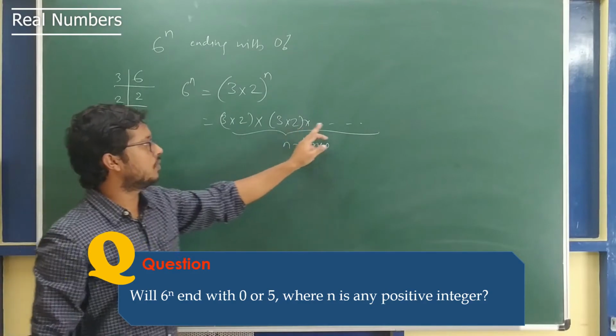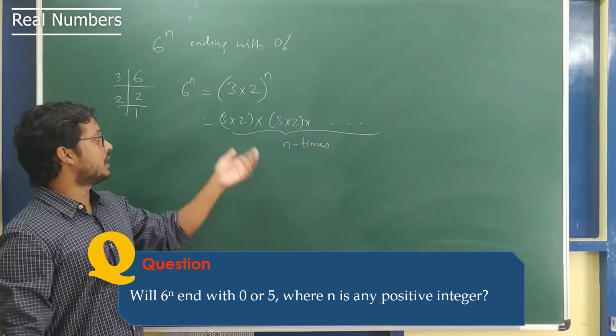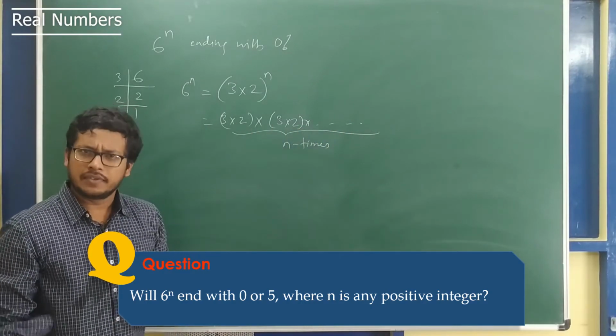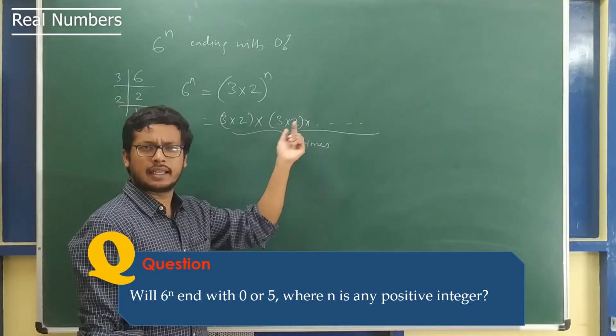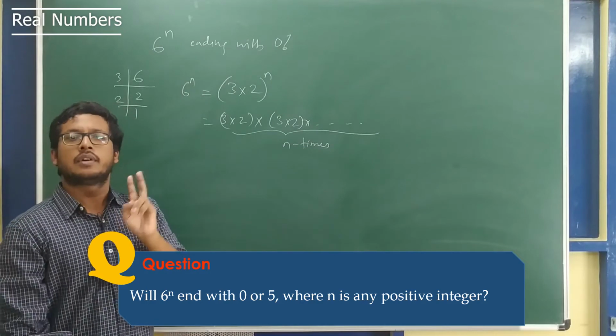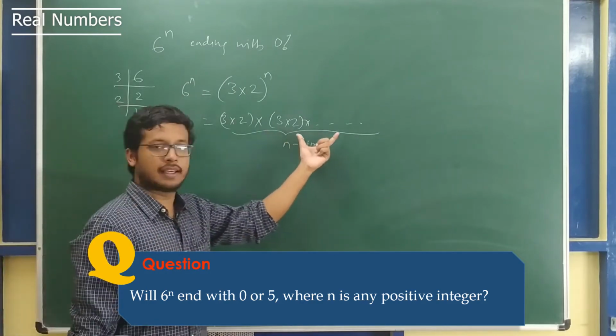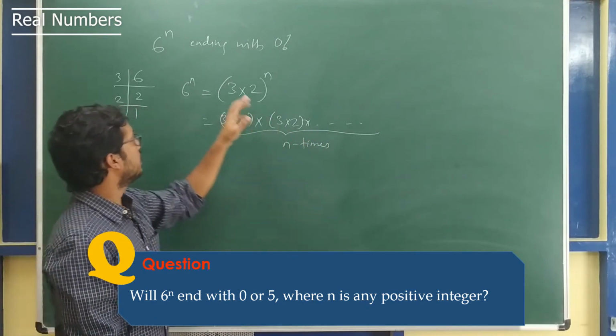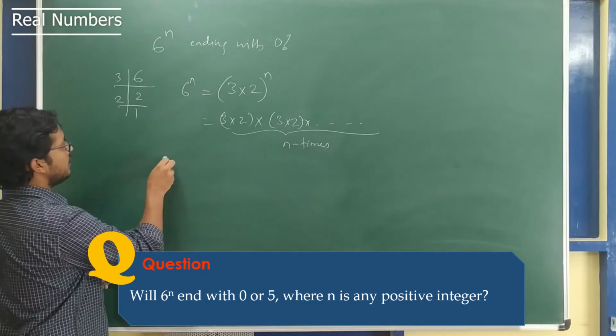Yes, we have 2, but we'll never get a 5 anywhere. Since we never get 5, even though 2 is there, it does not matter. For it to end with 0, we want at least one 5 and at least one 2, but that is missing here.